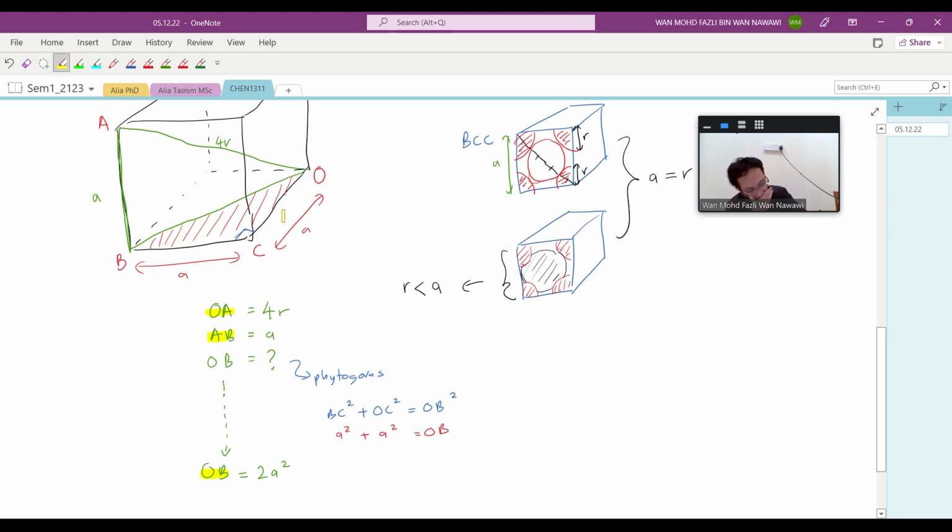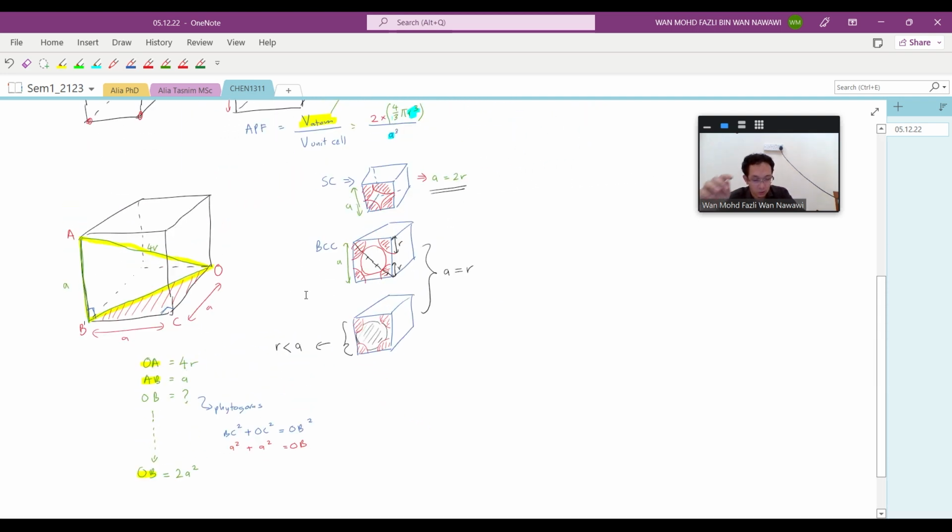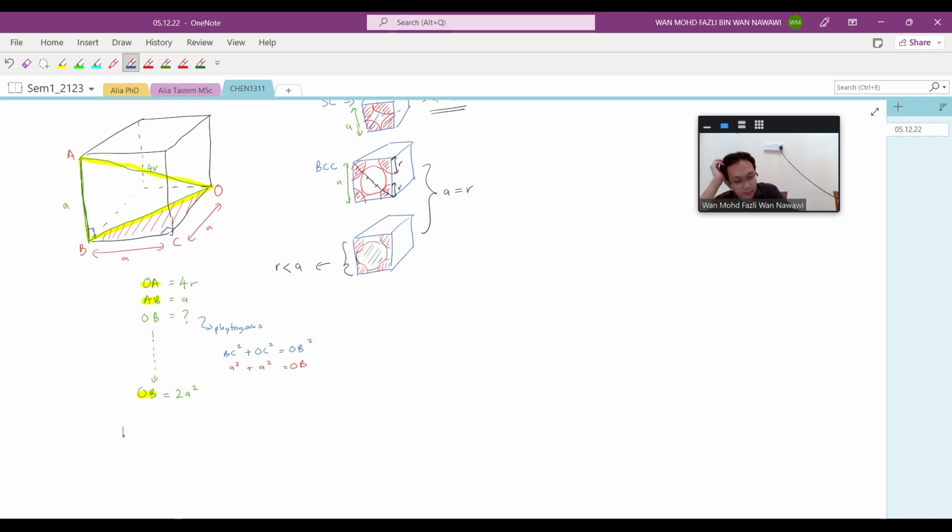Okay, so now OA, AB and OB is also a right triangle, because you can make the right triangle here. So we know again the formula for that. Let me make it smaller a little bit so that you can see. Again we use the Pythagoras theorem.